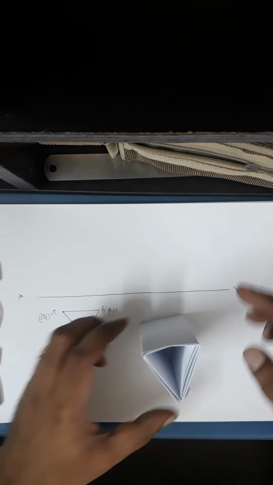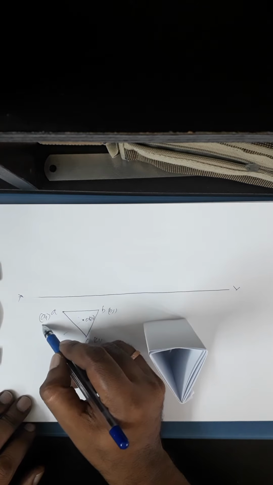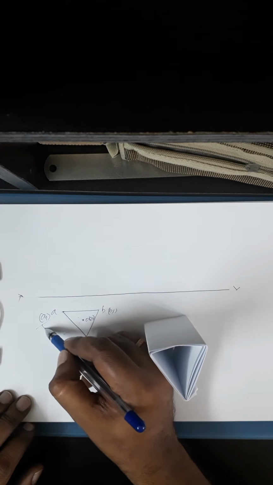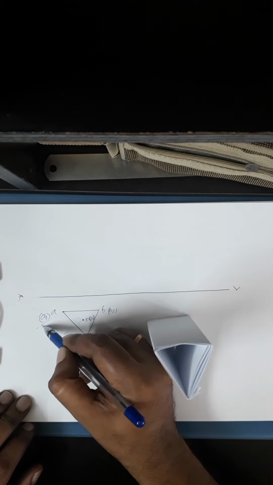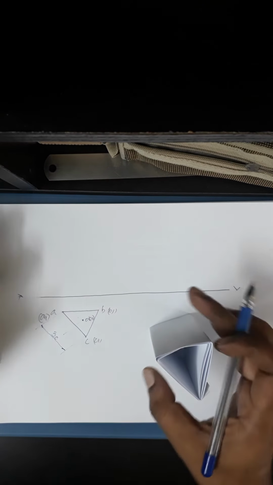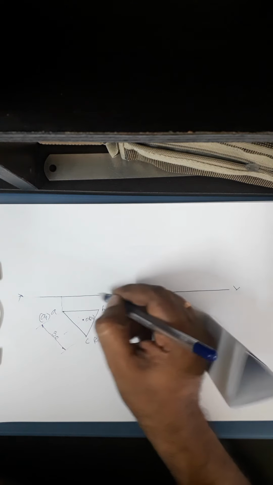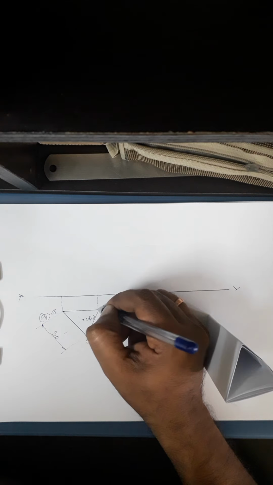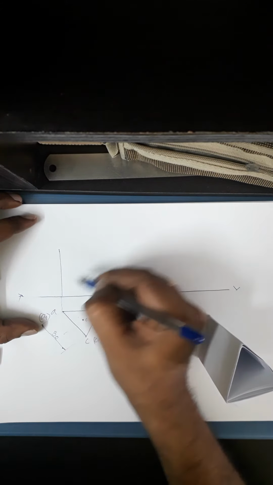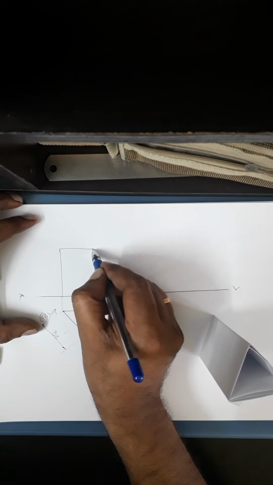So now this is the position where I can say that it's a triangular prism of 30 mm base edges and a height of 60 mm, resting on its base on HP, such that one of its rectangular surfaces is parallel to VP and is nearer to it.